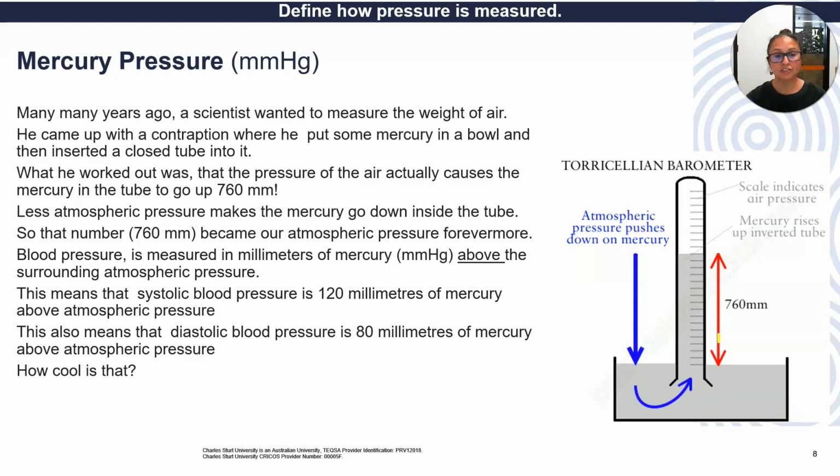Okay? So when you measure systolic blood pressure, the number, say 120, means 120 millimeters of mercury above the 760 that we already had. And diastolic blood pressure, that number means 80 millimeters of mercury above what we already had to begin with. So just a little bit of history on what this unit means and how it came about.